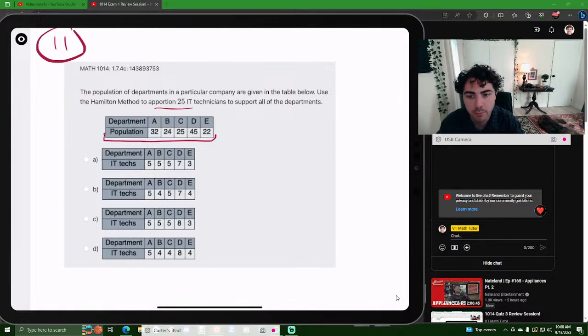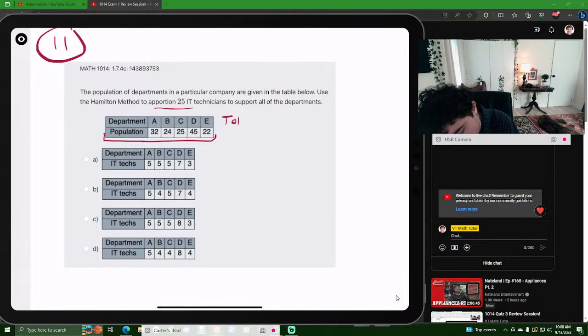We need to keep that in mind when we're trying to apportion the 25 IT technicians to these departments. Some departments might need more based on their higher population, some might need less based on their lower population, etc. So here's how we do that.